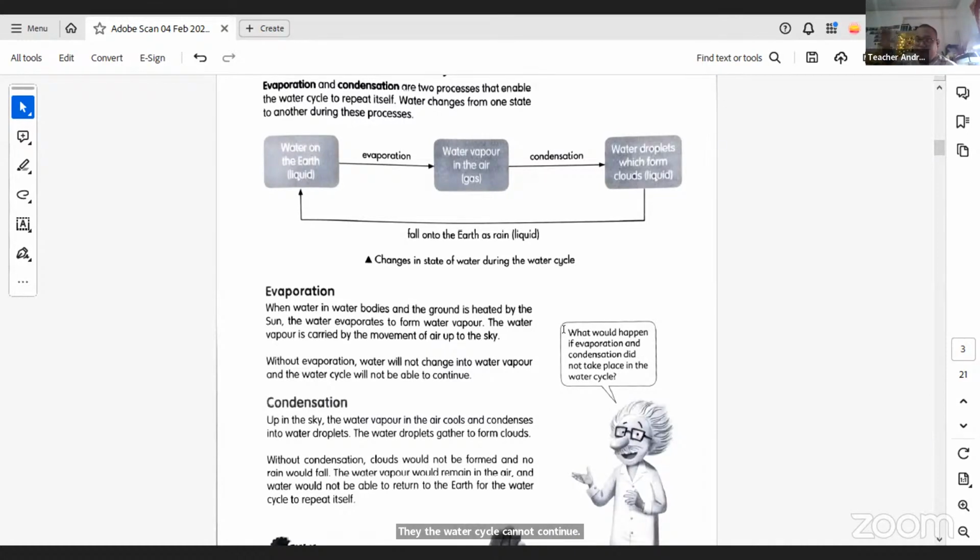We need the water vapor to cool down to form water droplets. If there's no condensation, water vapor cannot change to water droplets, and we will see no rain. So therefore, evaporation and condensation are the most important processes and the only two processes for the water cycle.